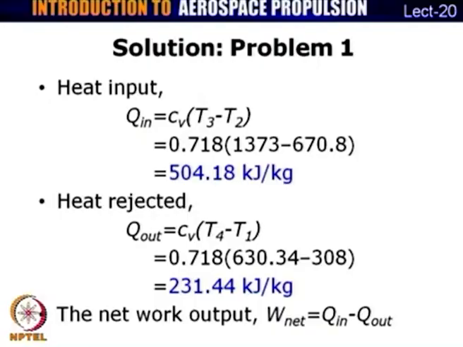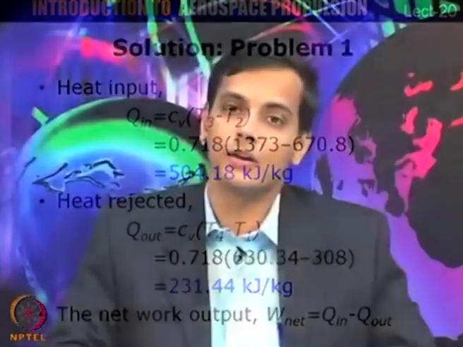For air, specific heat at constant volume is usually taken as 0.718 kilojoules per kilogram Kelvin. Similarly, we will see later that specific heat at constant pressure is taken as 1.005 kilojoules per kilogram Kelvin, and therefore the ratio of specific heats, Cp by Cv, is equal to 1.4.